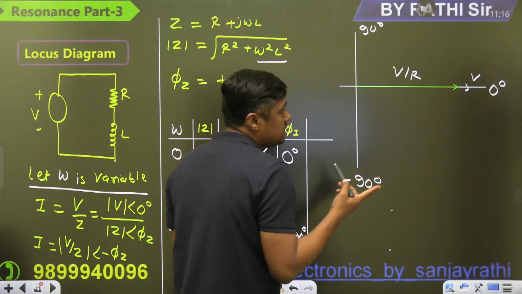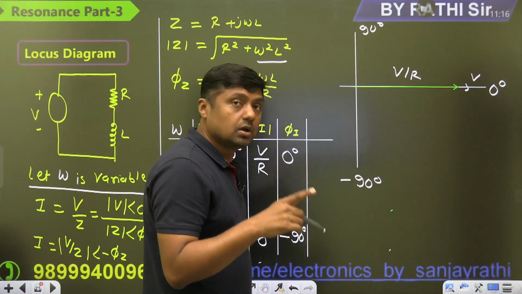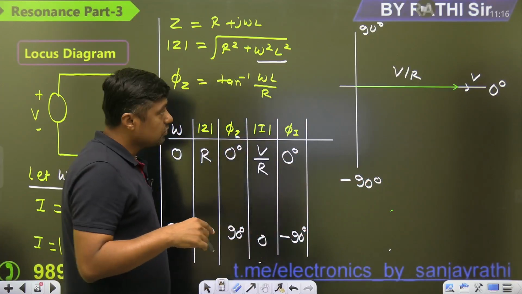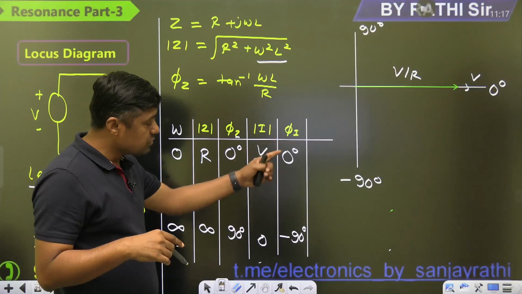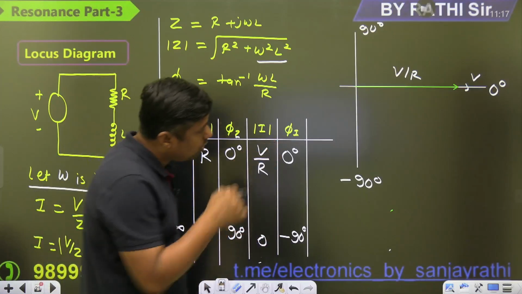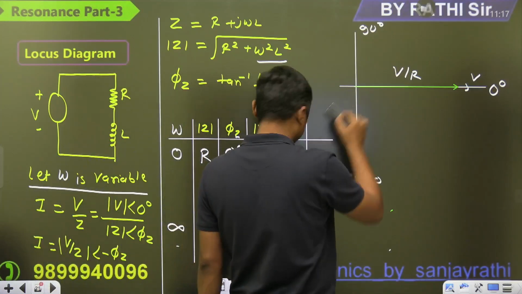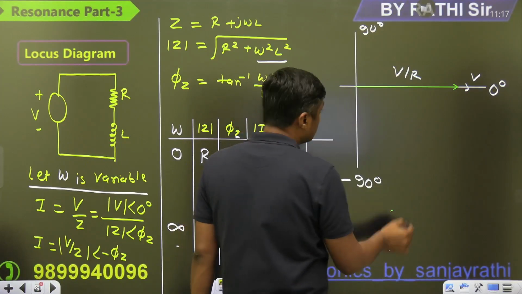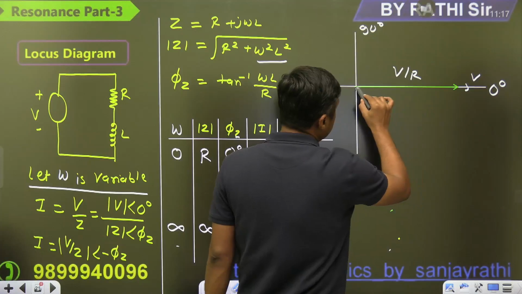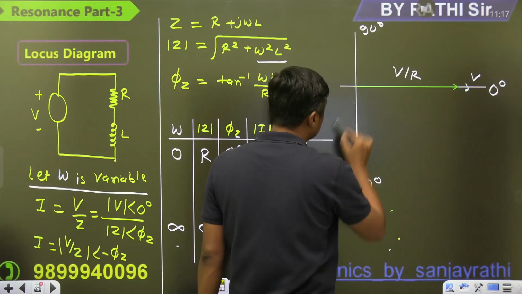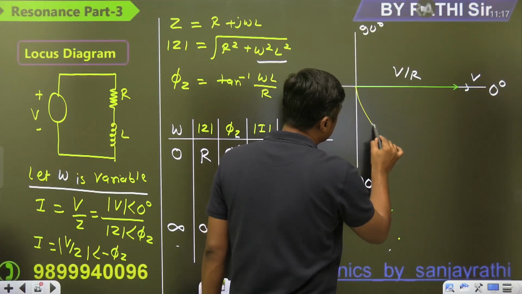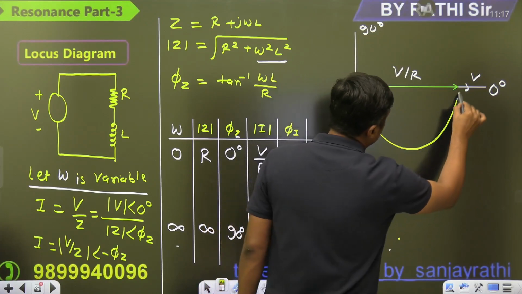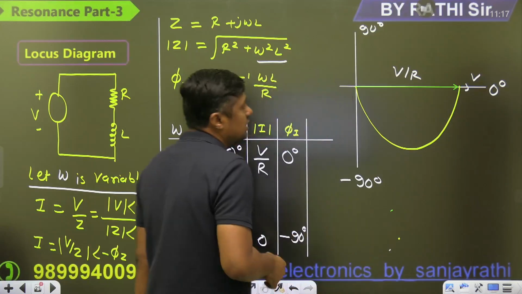Now, the second method is what? Draw a semicircle. What is the last value? 0. In which quadrant? All the angles vary from 0 to minus 90 degrees, in the fourth quadrant. And that's why this is a semicircle.